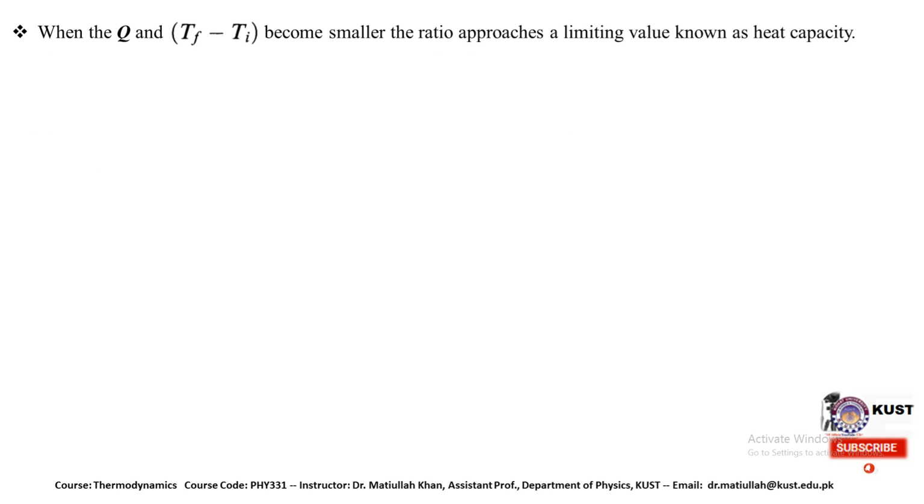So if we consider that Q, that is the heat, and the change in temperature, that is equal to Tf minus Ti, becomes smaller, then the ratio approaches a limiting value, and the same heat capacity equation is further modified into this equation where a limit is included.